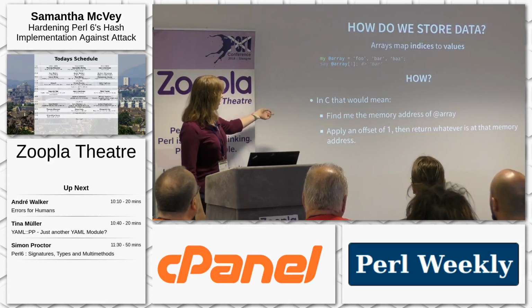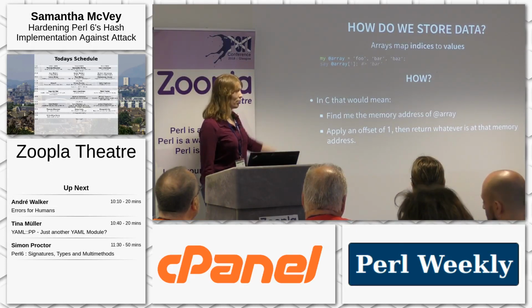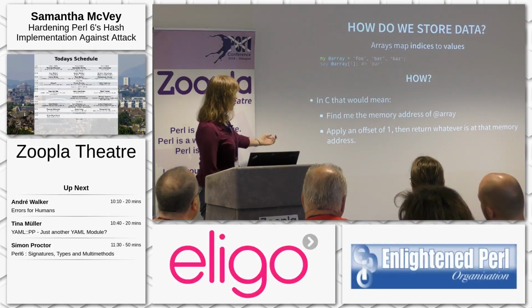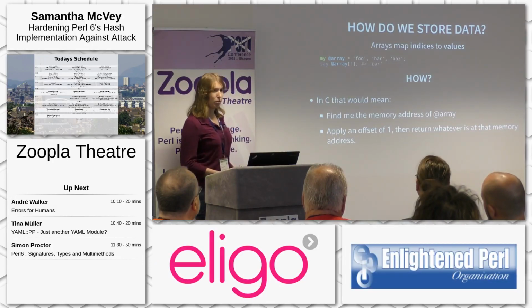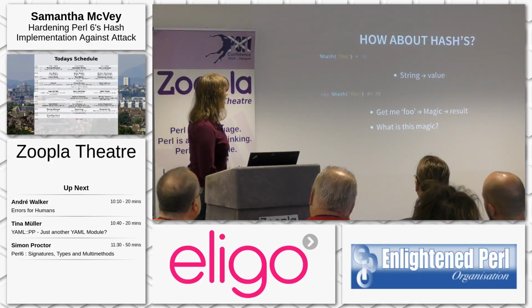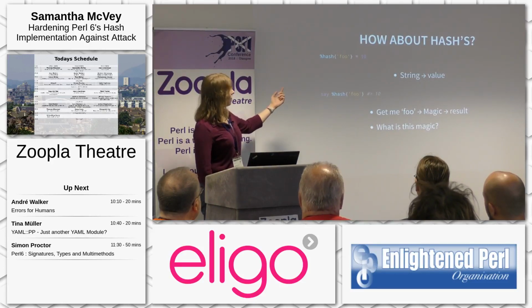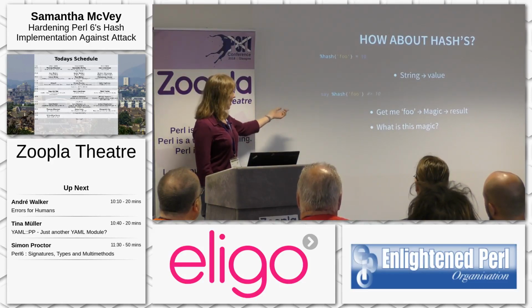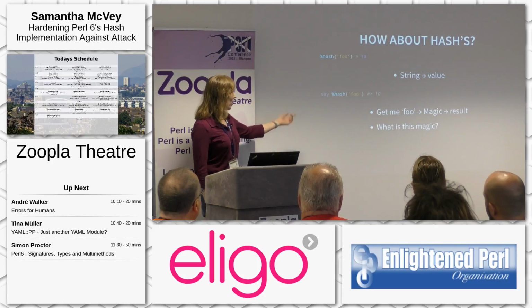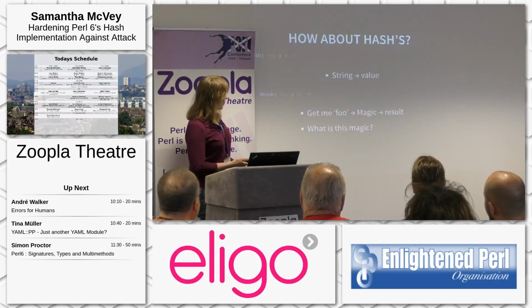You want to get the second element, so you apply an offset of 1 because of the 0 indexing, and you get that memory address. Very simple. It's basically just addition and lookup. How about hashes? You set the key, a string, to the value, and you can also get the value of it. So it almost seems like magic. How does it do it?